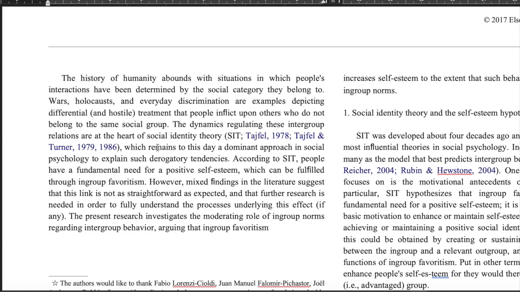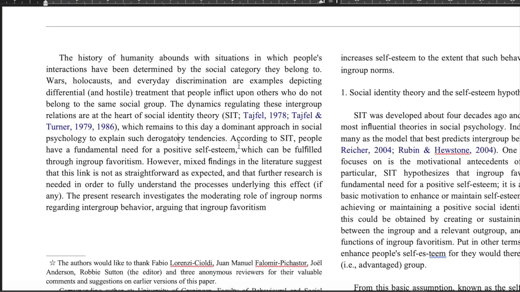And this theory, according to him, remains to this day a dominant approach in social psychology to explain such derogatory tendencies, the tendency for us to discriminate against others on the basis of group membership, to favor our in-group, and treat members of the outgroup differently.